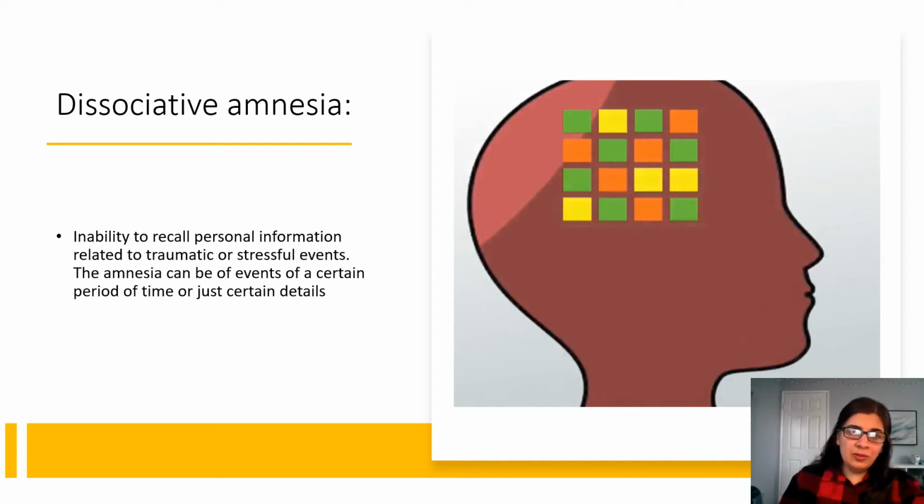So what happens in dissociative amnesia is, when a stressful event happens, patients tend to separate themselves from that event, and their memory blocks certain details of the event or the time or the place or information about the event because it's so traumatic. They have amnesia. It could be just a certain period of time or just certain details, or it could be everything altogether. They may have complete amnesia about that event happening.